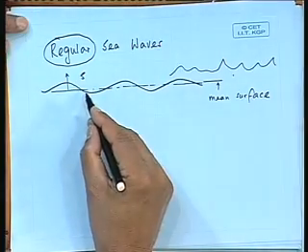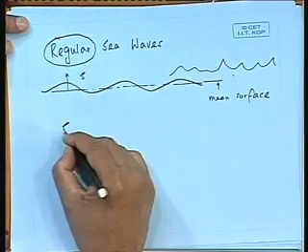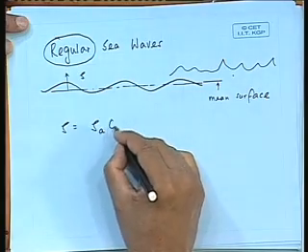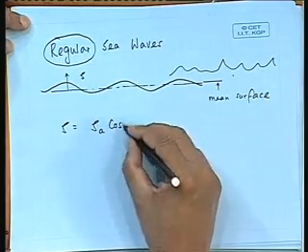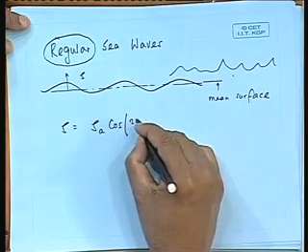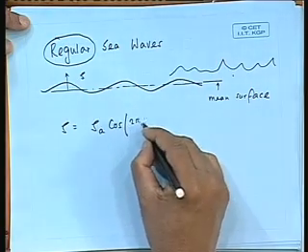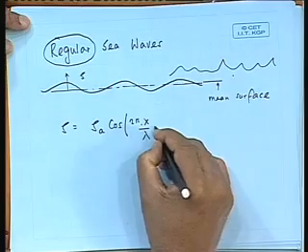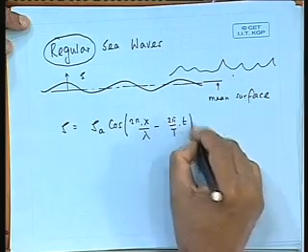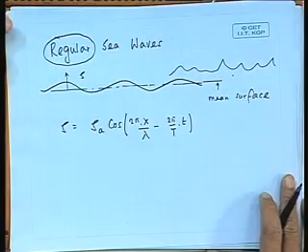Then xi can be expressed as a cos function, cos of... I will explain these terms later on.